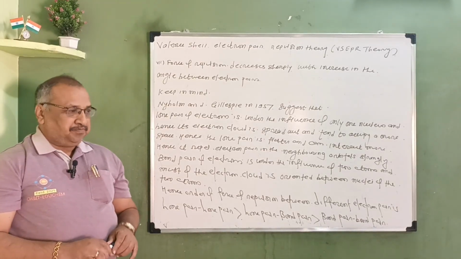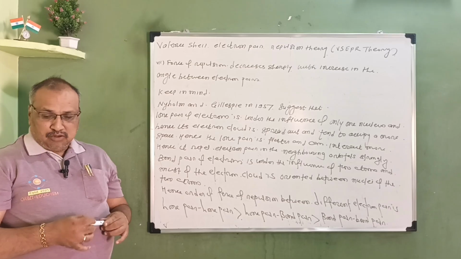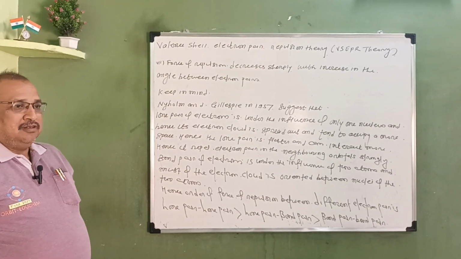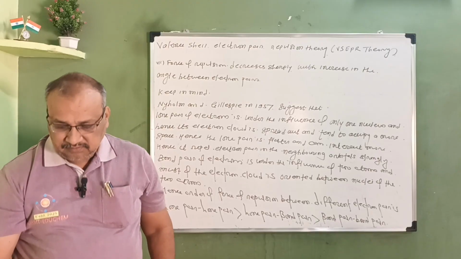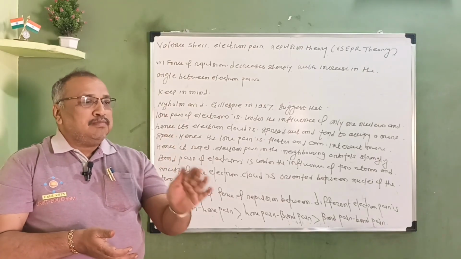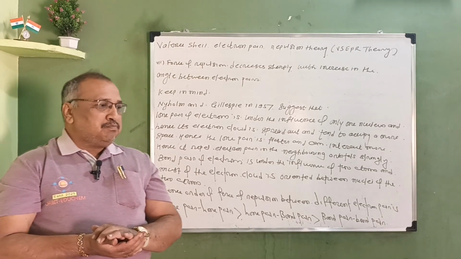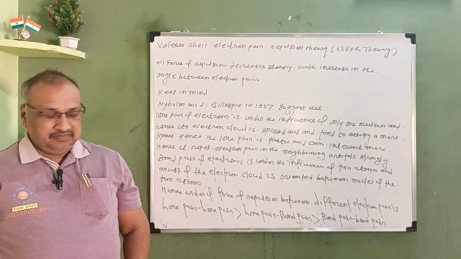Now keep in mind, the most important postulate of VSEPR theory is that the geometry of a molecule depends upon the number of electron pairs in the valence shell of the central atom.